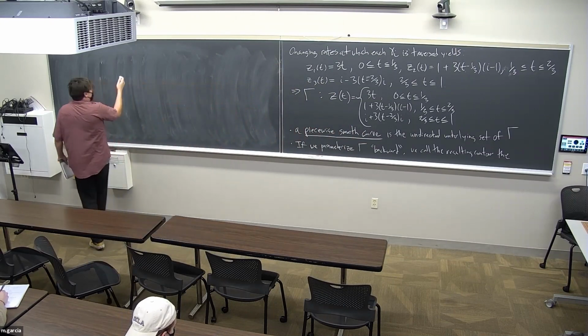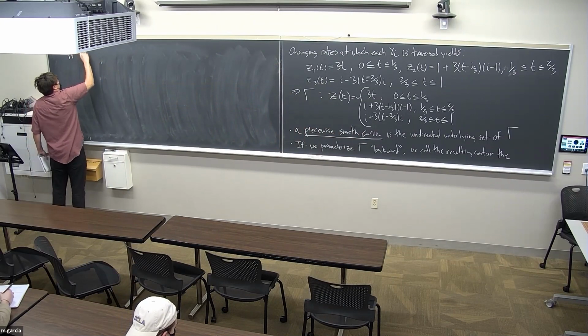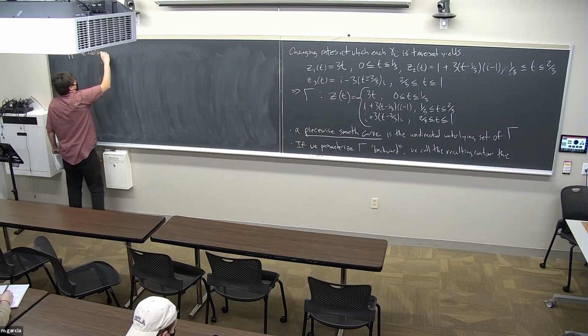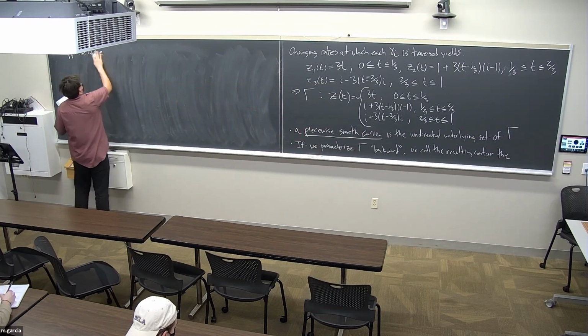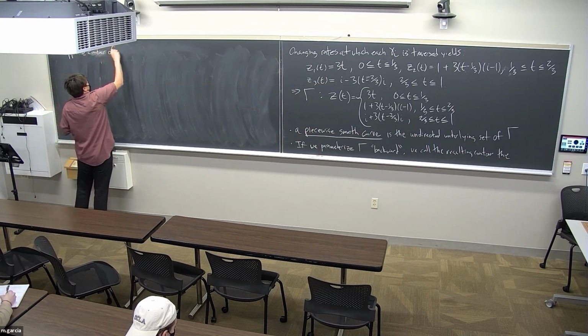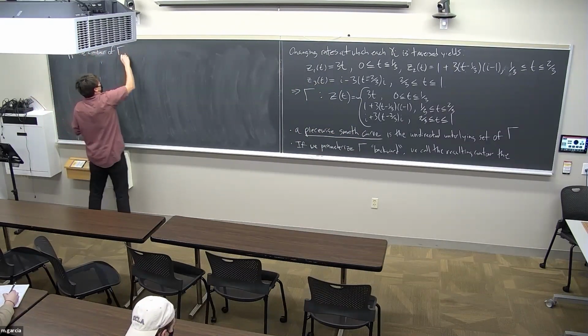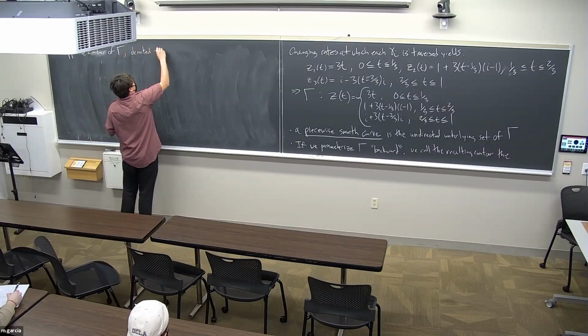It's called the opposite curve. Sorry, opposite contour of gamma, denoted negative gamma.